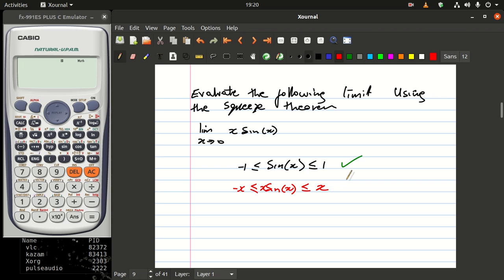Let's look into this. Suppose my x was actually a negative number. If I were to multiply minus 1 by a negative number, I'll get a positive number here. This positive number can never be less than a negative number because my x was negative.